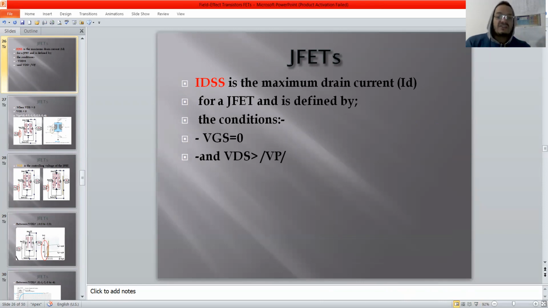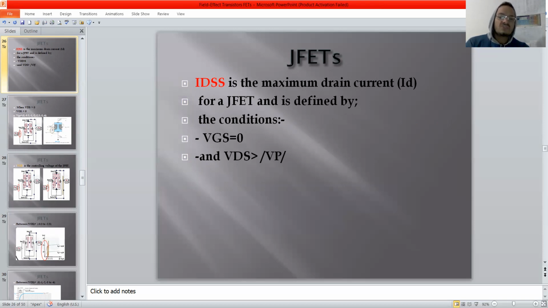Now, the drain source maximum current is the maximum drain current for a junction field effect transistor when the voltage equals the pinch off voltage, and is defined by the condition VGS equals 0 and VDS equal to or bigger than the pinch off voltage, the drain source voltage.